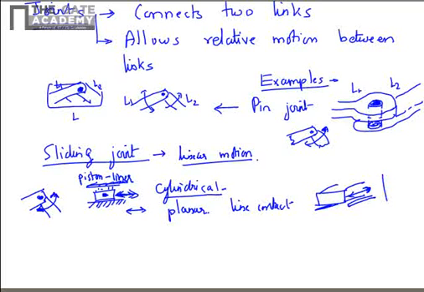Similarly, in your apartment, you can see sliding windows. Here the window slides in a frame. So these are sliding joints. The common thing between a pin joint and a sliding joint is that both of them are surface joints. So there is a surface to surface contact.